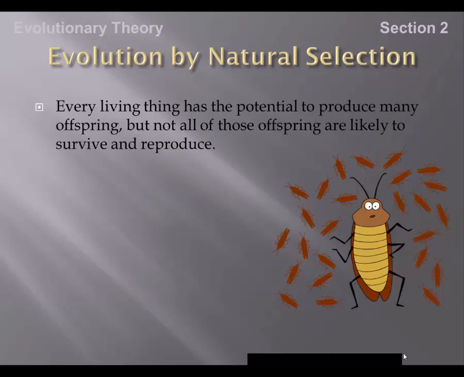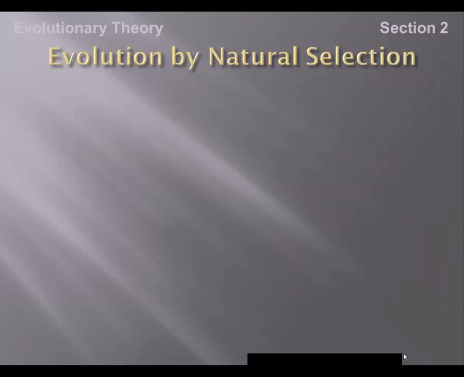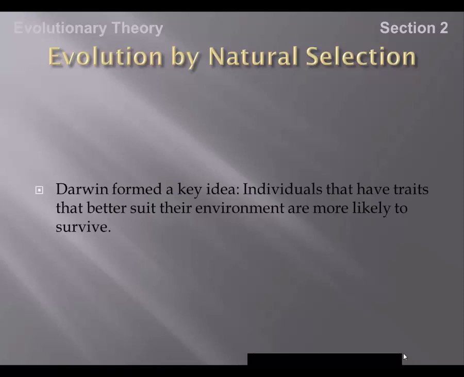During Darwin's day, there was a lot of study going into populations. Darwin found that every living thing has the potential to produce many offspring, but not all of the offspring tend to survive. And so he formed a key idea. He thought that individuals have traits that better suit their environment.